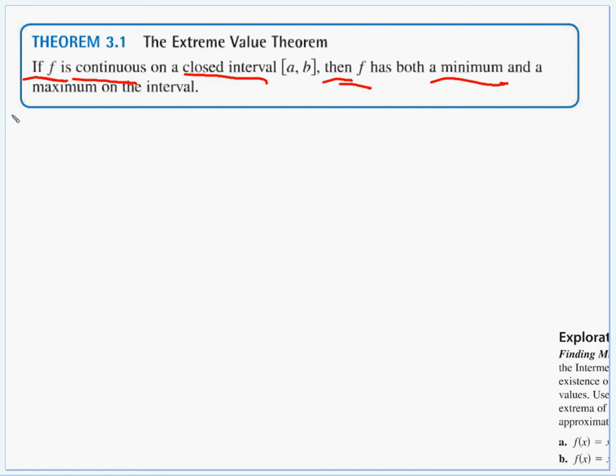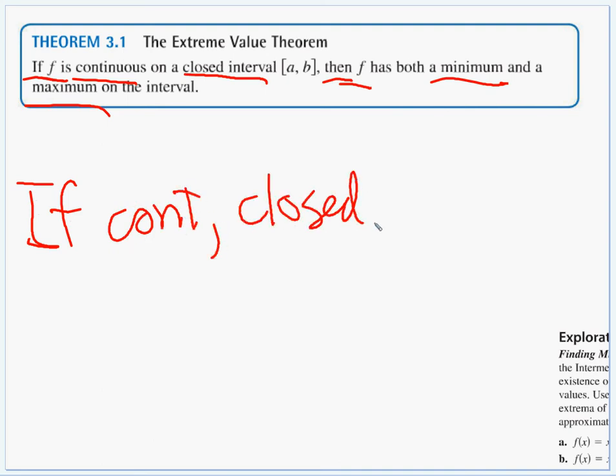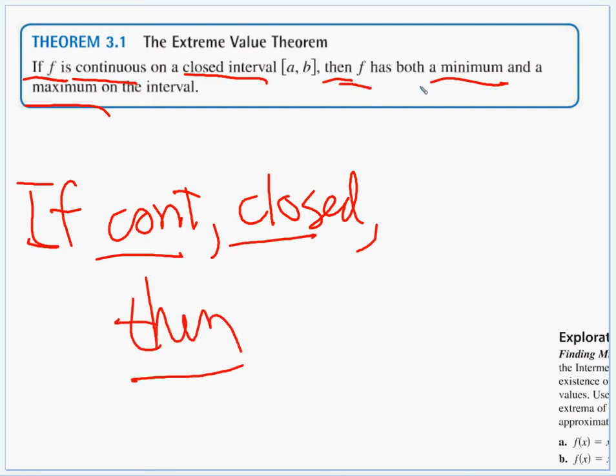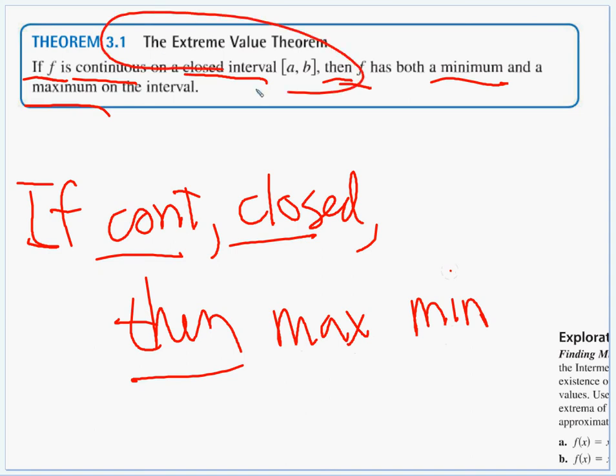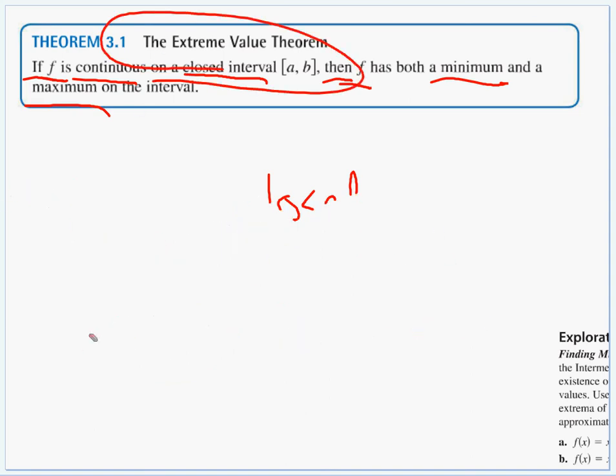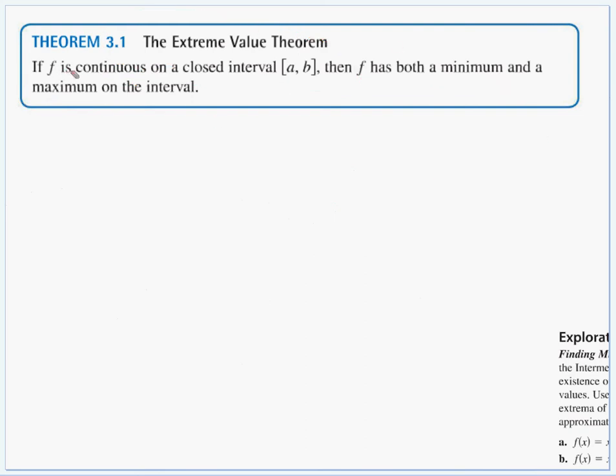So to sum it up, if your function's continuous and it's closed, then you are guaranteed both a minimum and a max. It is guaranteed by the extreme value theorem. But again, you've got to have the if part satisfied. If you're continuous and your interval's closed, then you're guaranteed a min and a max.